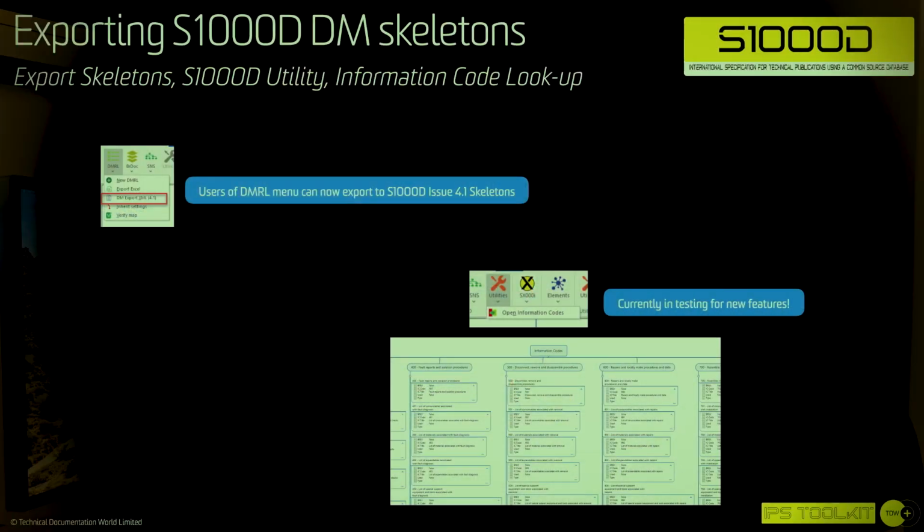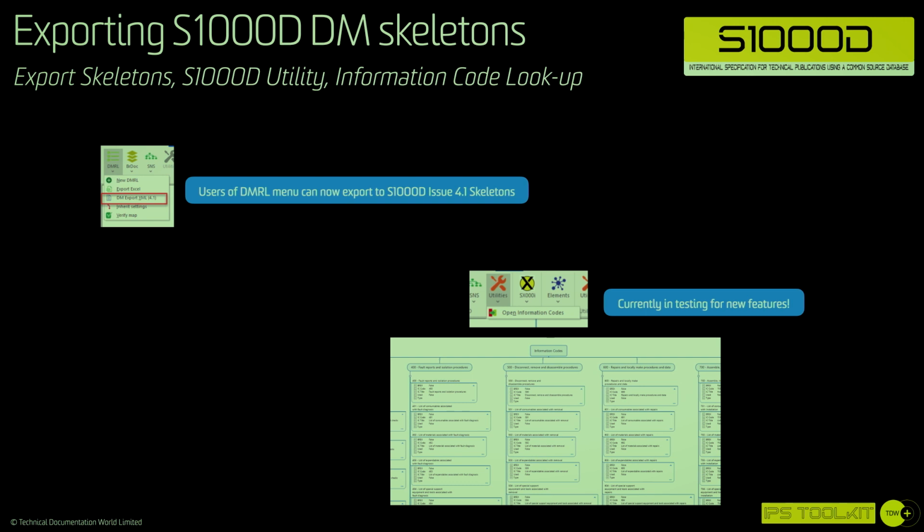Right now it's just an information code lookup, and you can go in and identify which information codes you're allowed to use on your particular project, and then filter on those and share that map with project stakeholders. But new features are coming on how we will be able to work with that going forward.